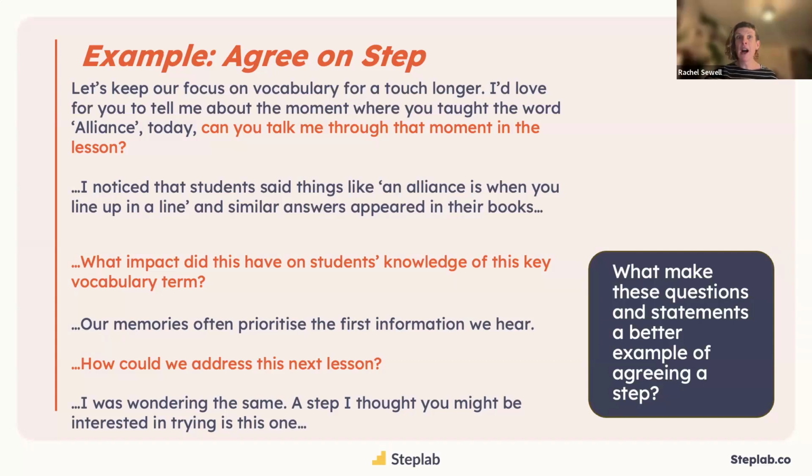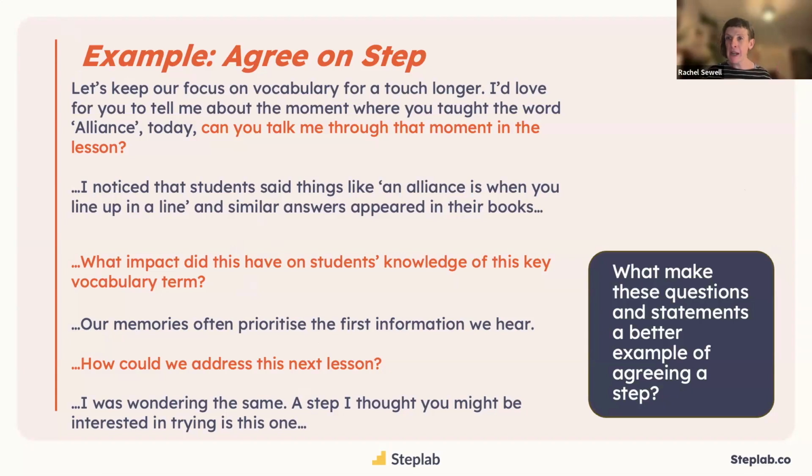So instead, I'm going to be ready to say things like, "I noticed that students wrote things in their books. Let's have a look together at this photo. An alliance is when you line up in a line. And if we think back, Johnny said that when he put his hand up, didn't he? So tell me about that. What impact did hearing Johnny's incorrect answer first have on student learning?"